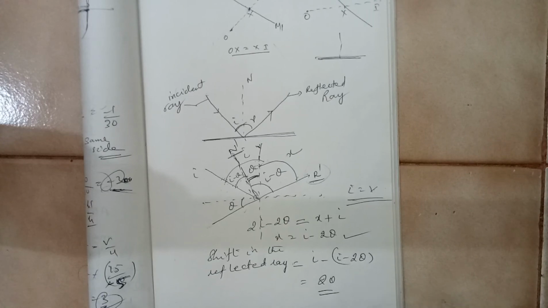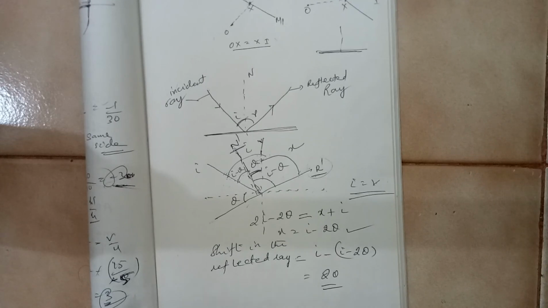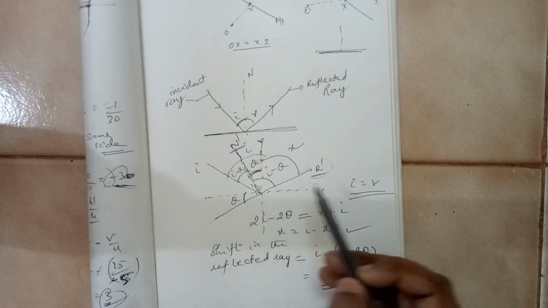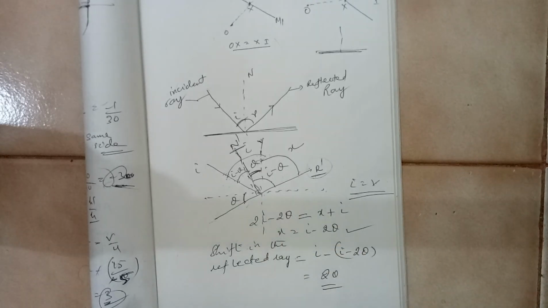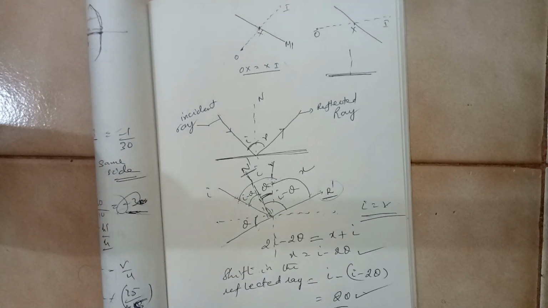So 2 theta is the shift in the reflected ray. So when you rotate a mirror by theta degrees, the shift in the reflected ray with respect to the original normal is 2 theta. Here the original normal is the y axis. So this is a very useful result you should remember.